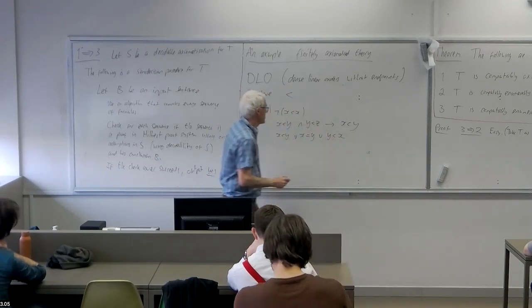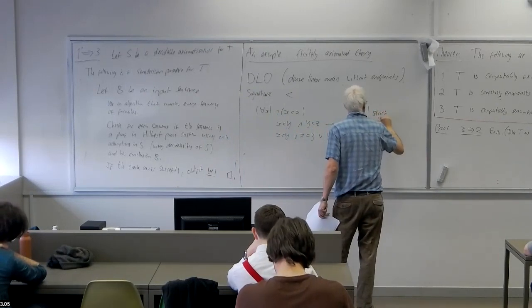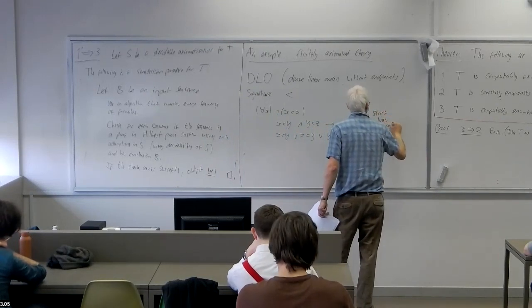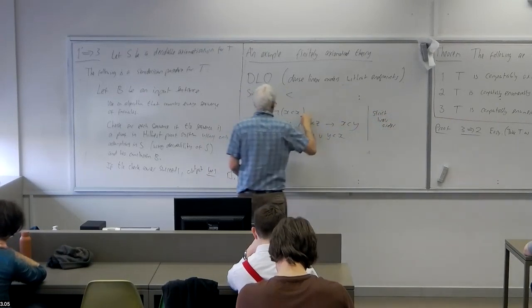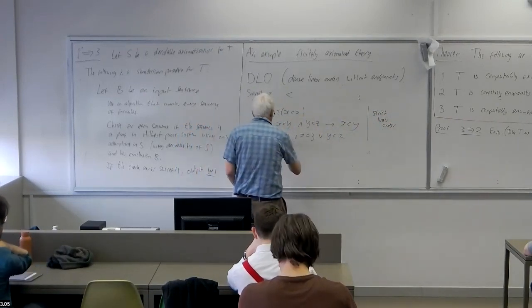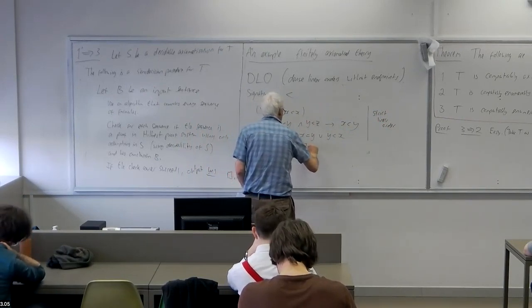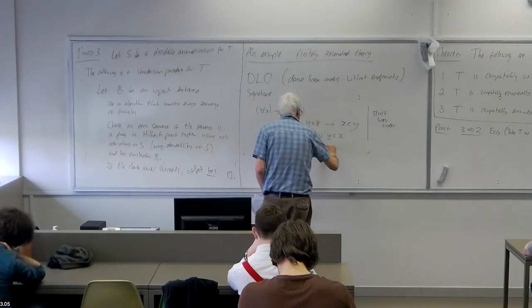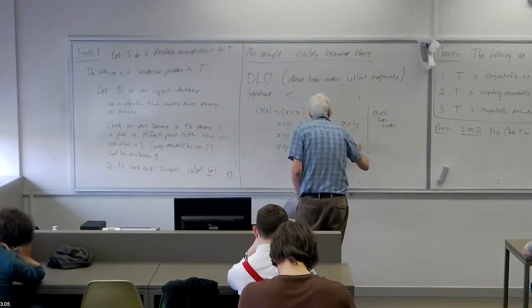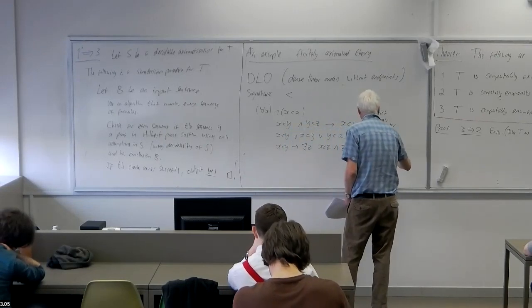So this is strict linear order. The strict here just means the irreflexivity part. The density says that if x is less than y, then there exists a z such that x is less than z and z is less than y. There's always a z between them, so this is density.